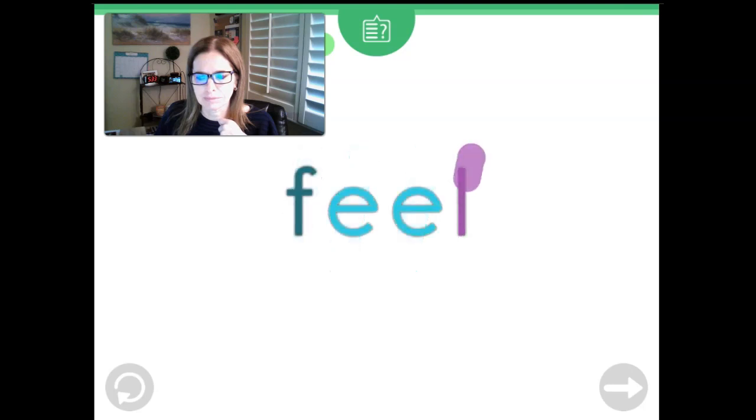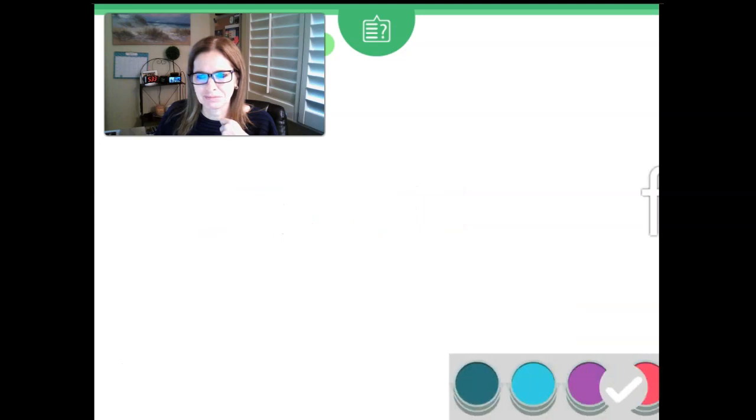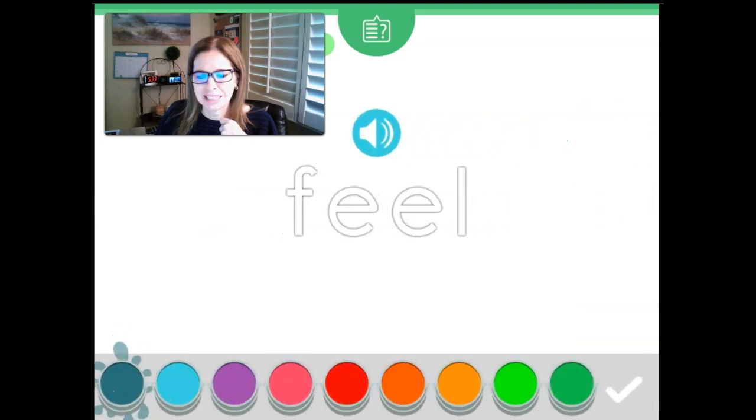Feel. Notice again, we have the two-letter E spelling in feel. Now it's our turn to color and say the sounds as we highlight them. Go ahead.